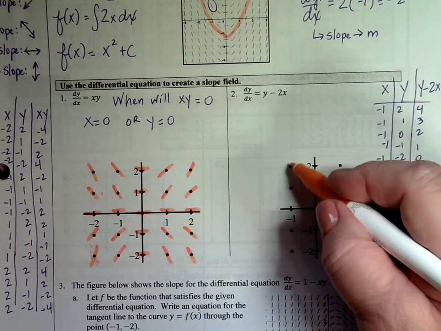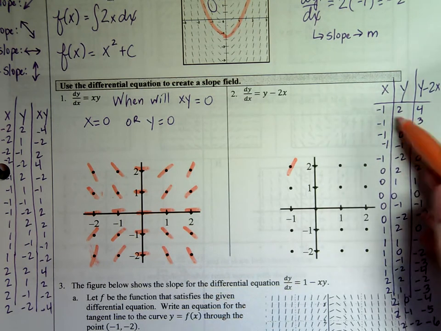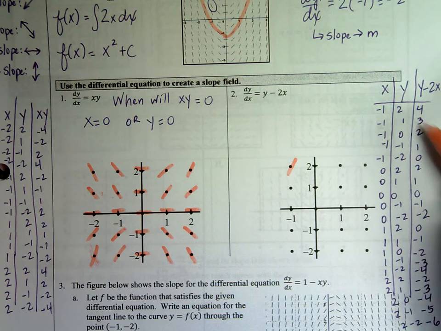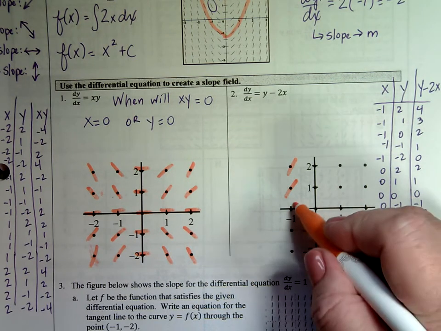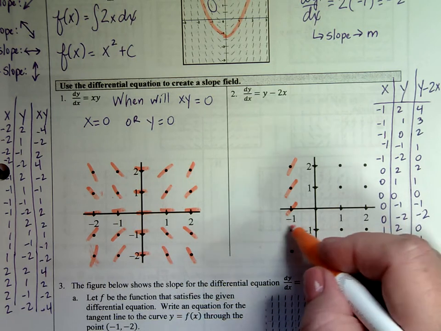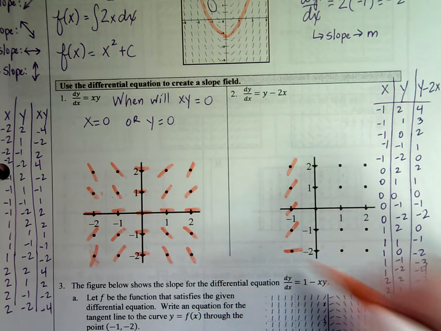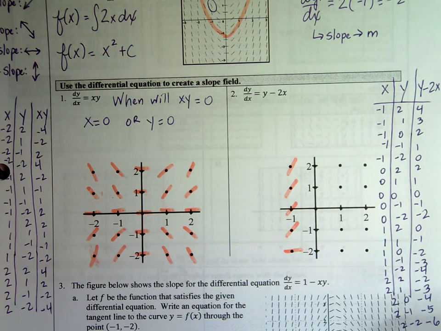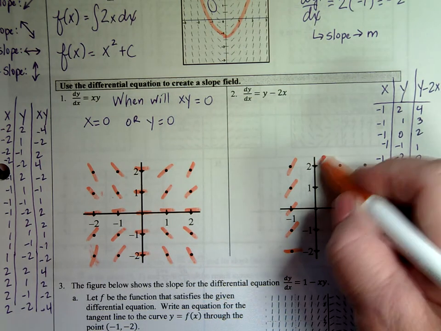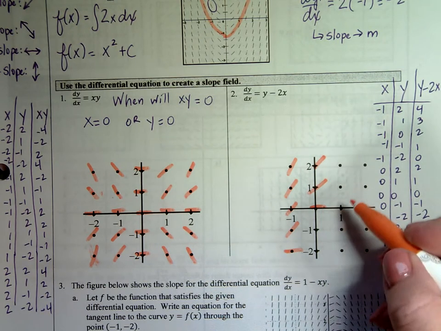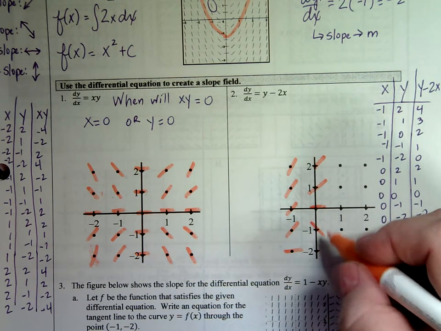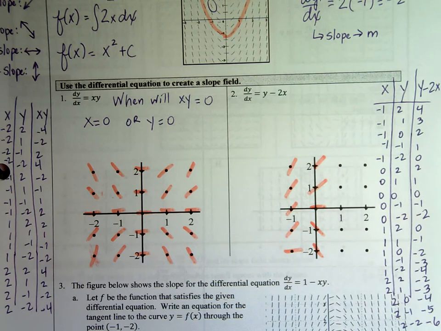Now you can take your time and work your way through this. So this was 4, and then 3, not quite as steep, and then 2, not quite as steep, and then 1, and then 0. And then your zeros give you 2, 1, 0, negative 1, and negative 2.